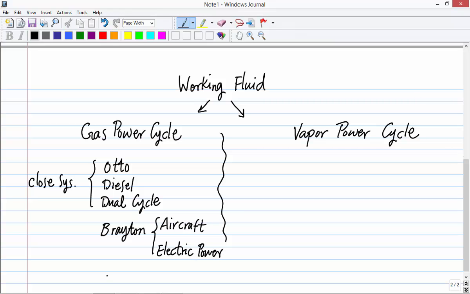And the other cycle is jet propulsion, which is similar to this. Brayton and jet propulsion are similar, but with some differences that I'm not going to talk about here. And these systems would be open because we have a continuous flow of the fluid, right?